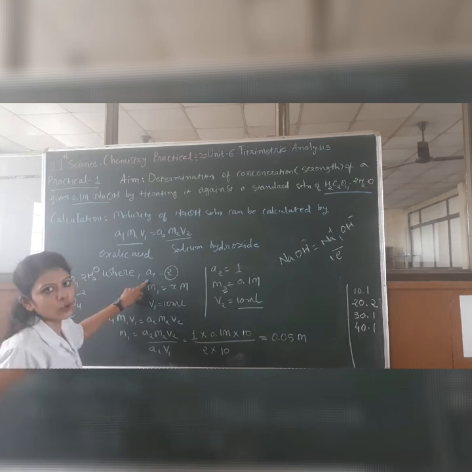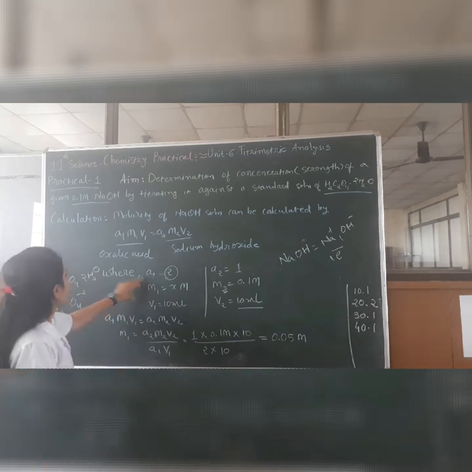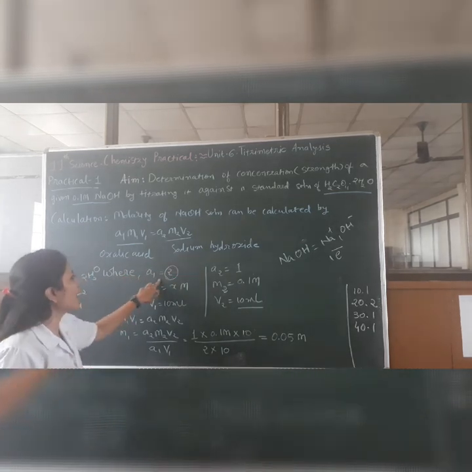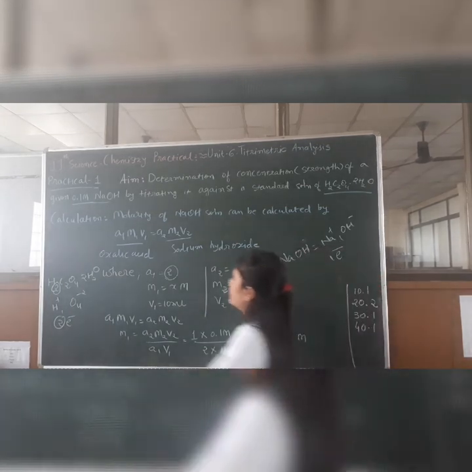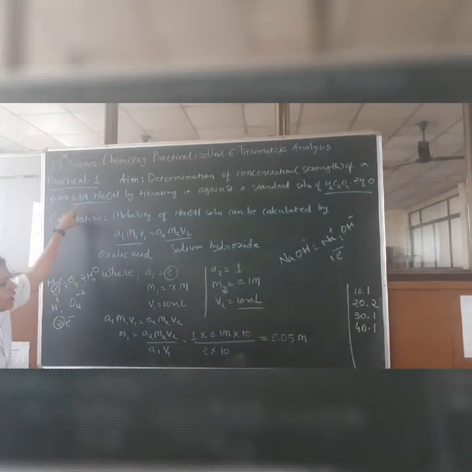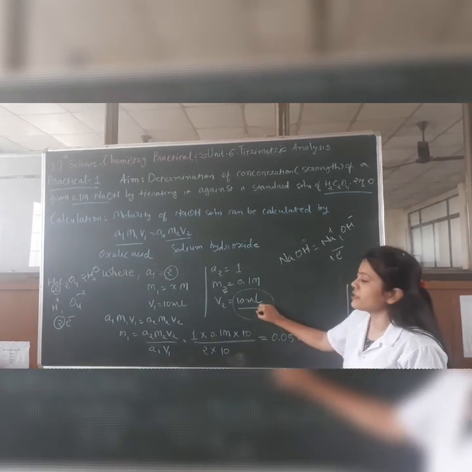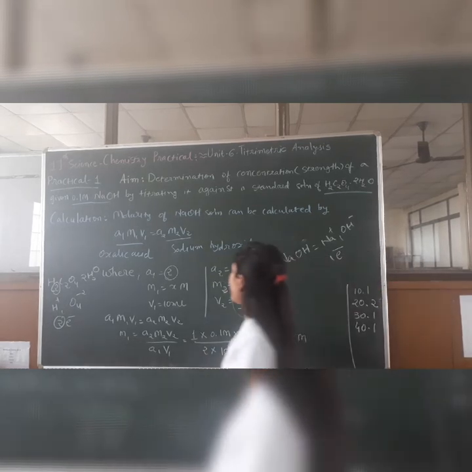We have to write the numerical value of what oxalic acid and sodium hydroxide gain or remove here. So M2 is equal to 0.1 molar. Then V2 is the average reading we have already taken, 10 ml.